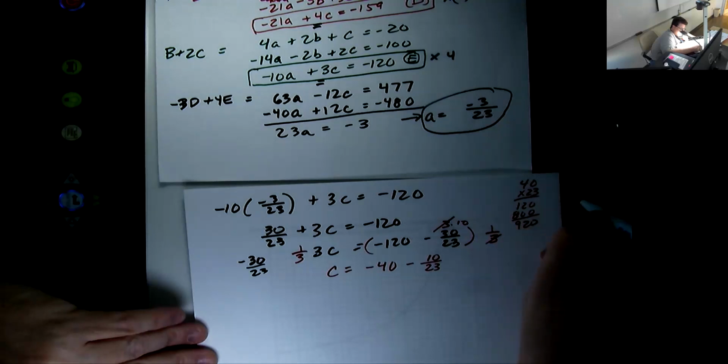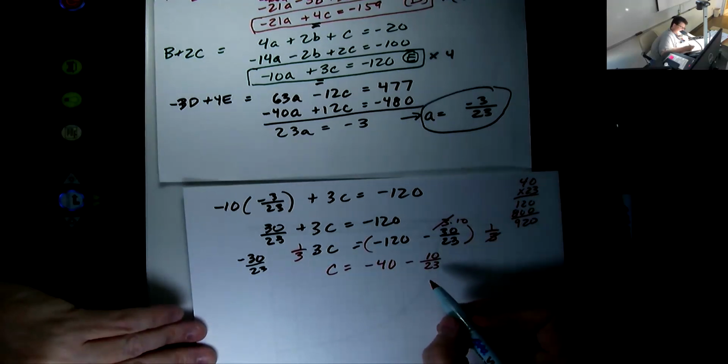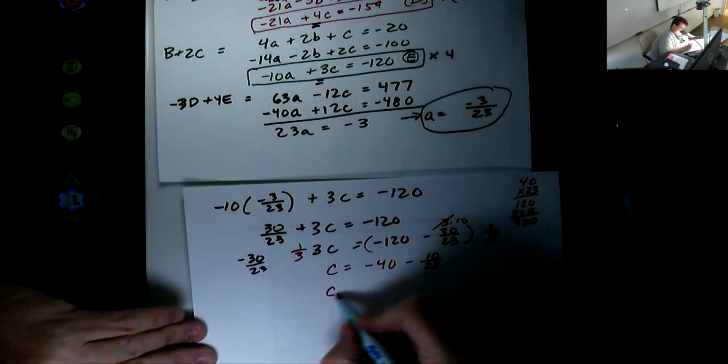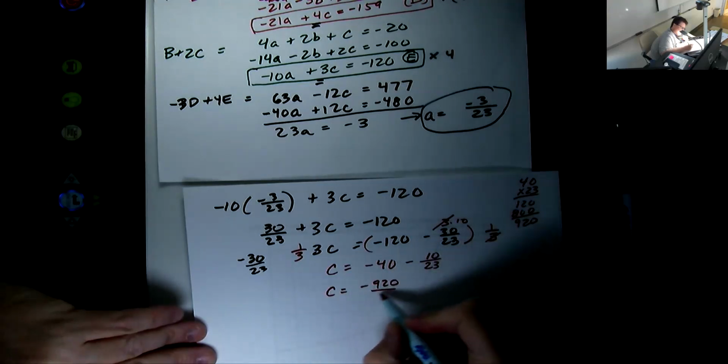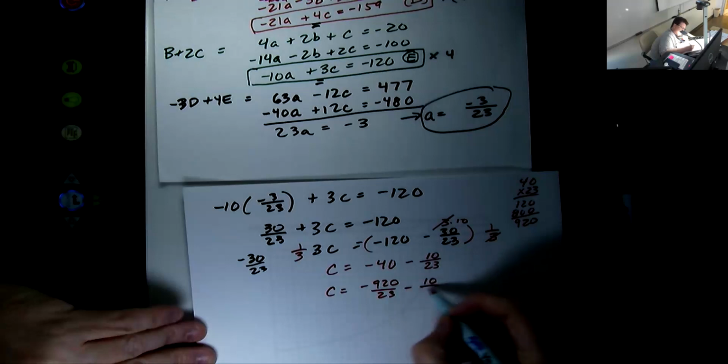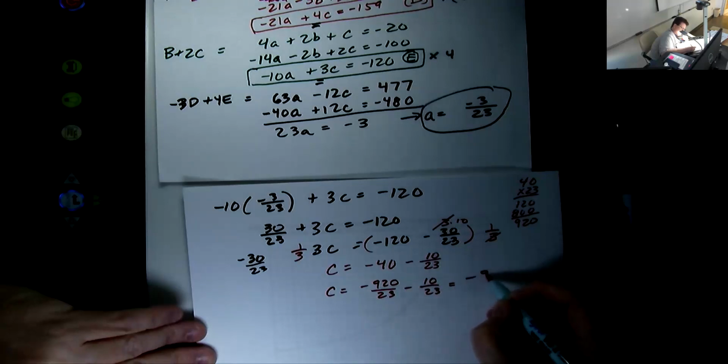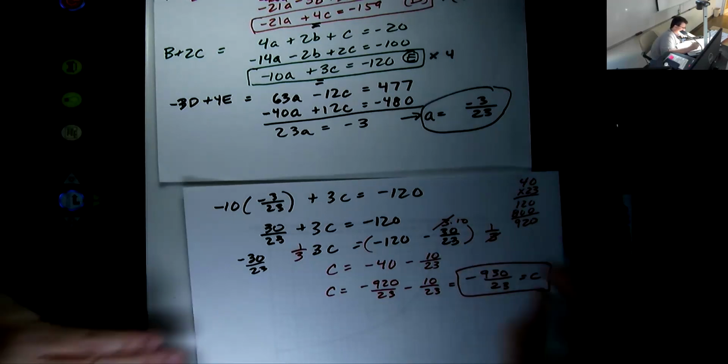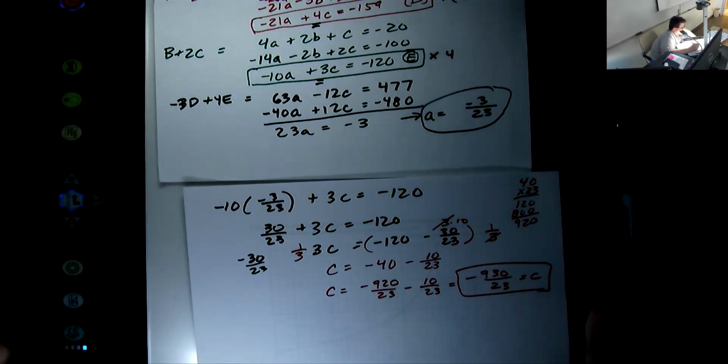C equals -920 over 23 minus 10 over 23 is -930 over 23. Jesus. This is miserable.